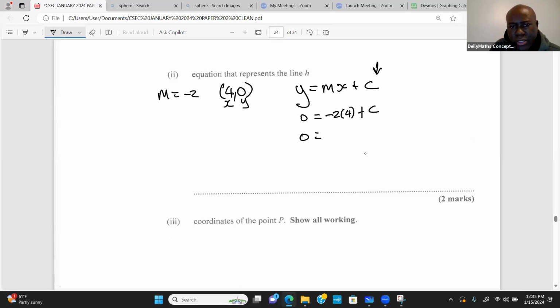So 0 is equal to -8 plus c, and as you can see, c is equal to +8. So now I can write the equation: y is equal to -2x plus 8.